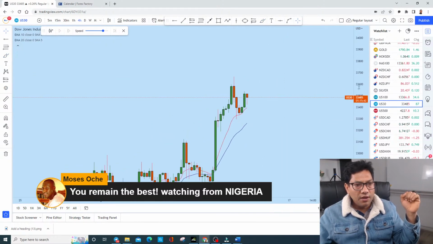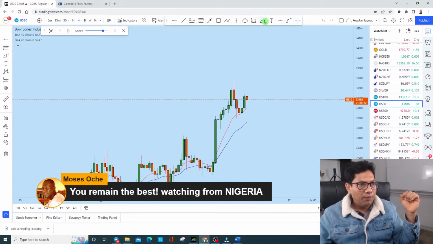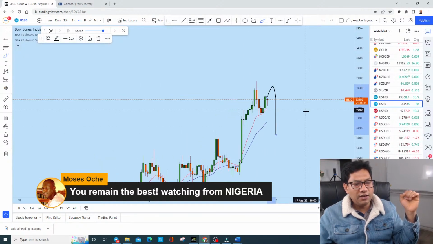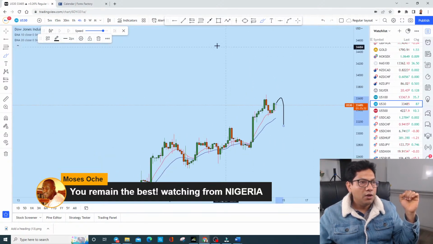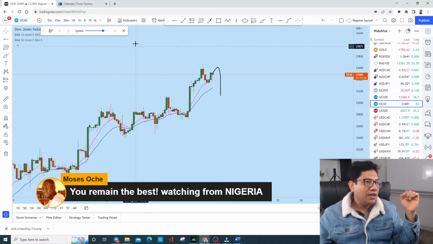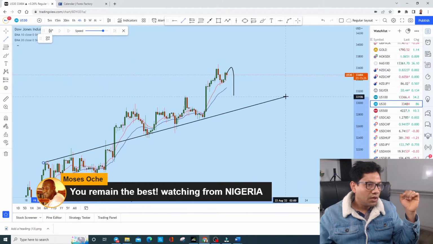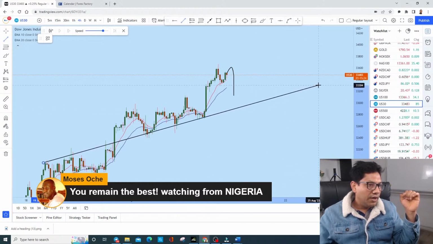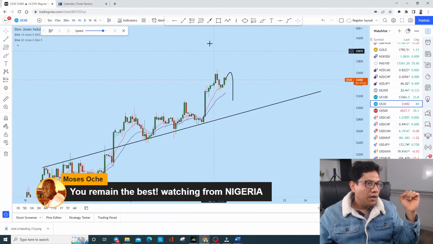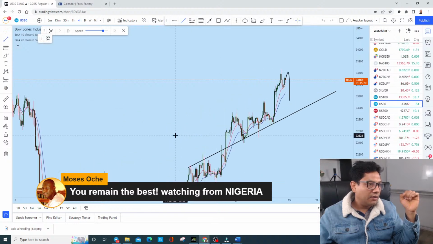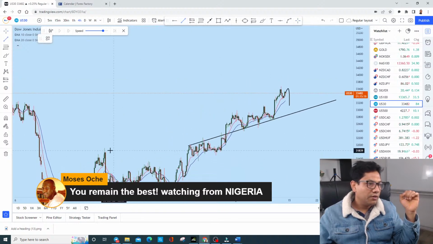Now US 30, the price action is bullish, but because this is the weekend, we might see a drop, and I think it might come down again, probably to this baseline. You see the price was moving along this channel. Let me draw this channel here.